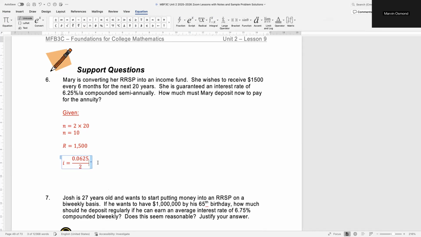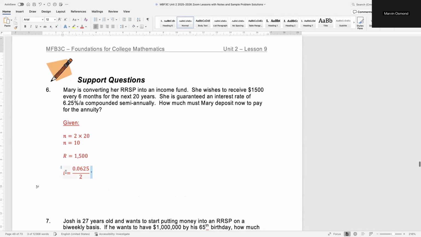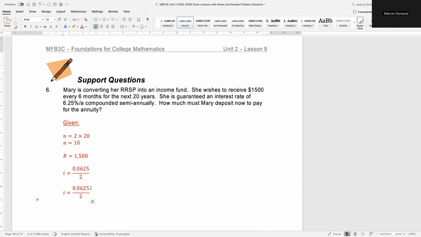And if I do that, what do I get? Let's make a copy of that and put it out here. So my I value is going to be, calculator, see if we get a nice even number, 0.0625 divided by 2 because it's compounded semi-annually.